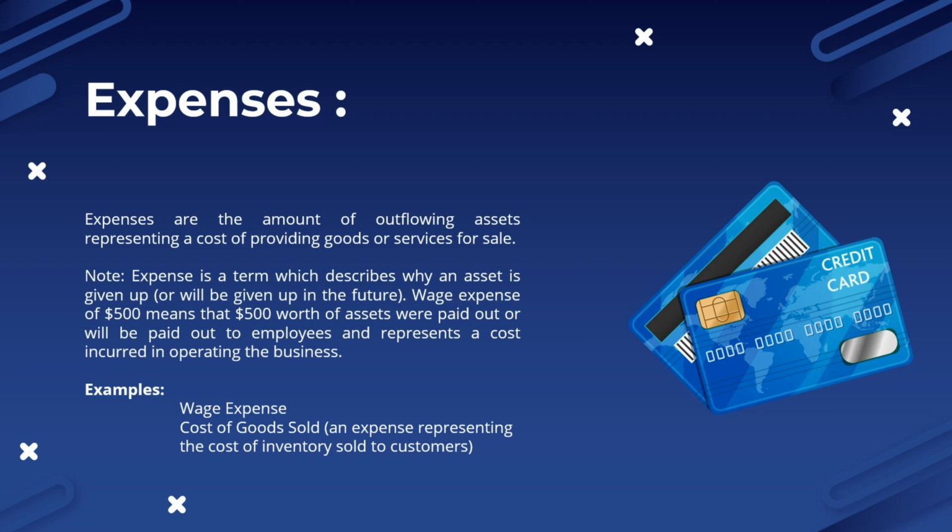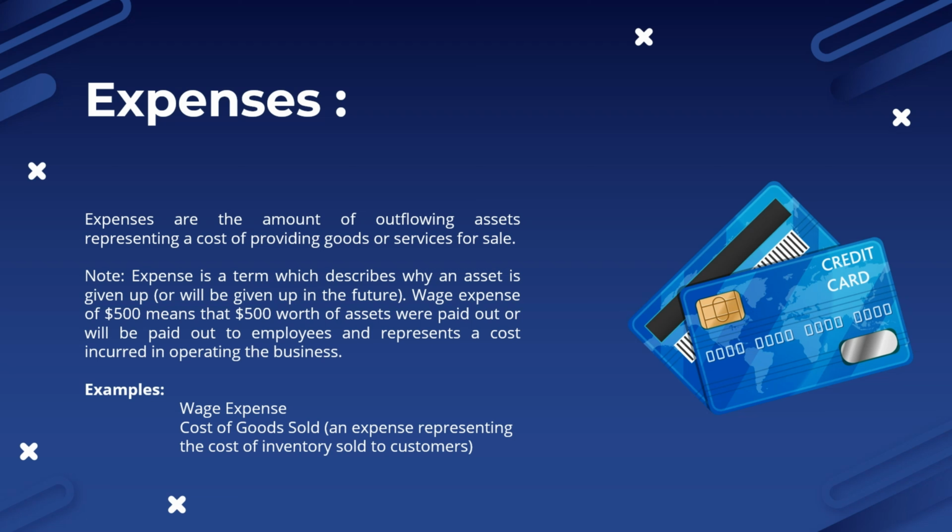One of the most difficult expenses for students to get a hold of is referred to as cost of goods sold. One of the reasons why students don't like this is because it doesn't have the word expense in it. I mean, it's easy to identify an expense if you just call it an expense. Typically, we use the term cost of goods sold and don't really use the term expense.